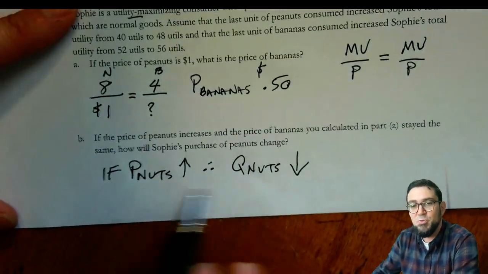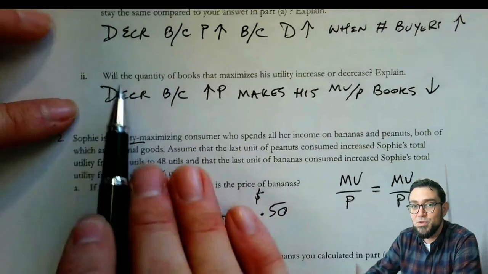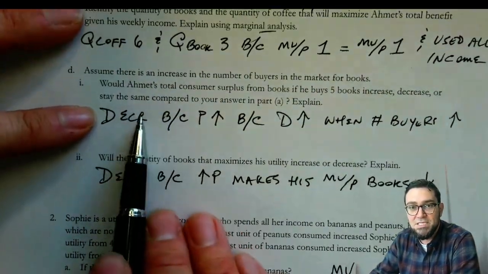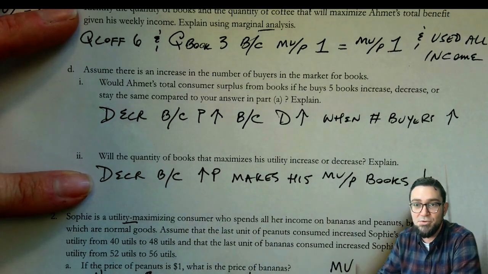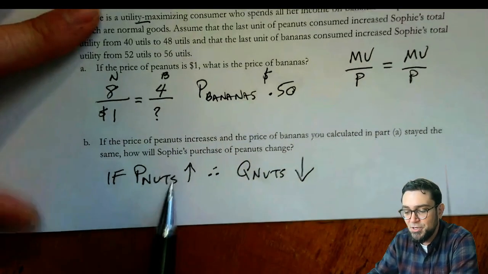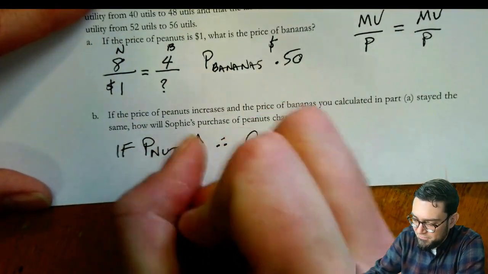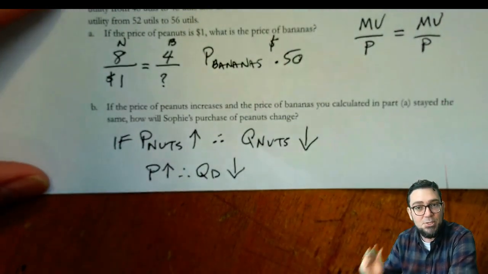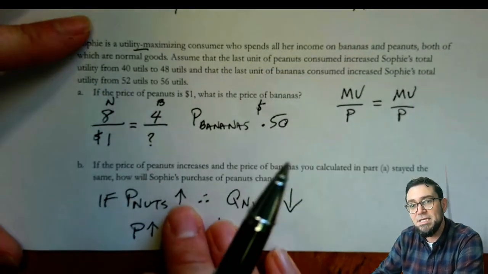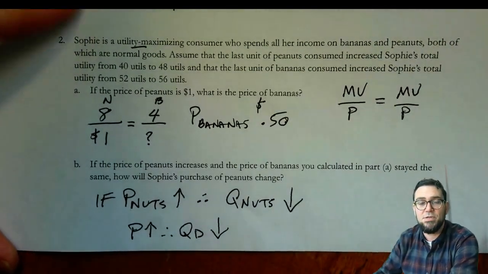There are two ways we could do this. We can think through it the really hard way: she's going to decrease how much she buys because the higher price makes her MU over price of nuts go down. This is the same concept as down here. But I just want to point out that if the price goes up, the quantity demanded goes down. It's the law of demand. People are going to basically recalculate their consumption levels.